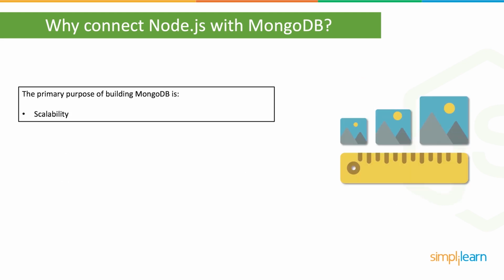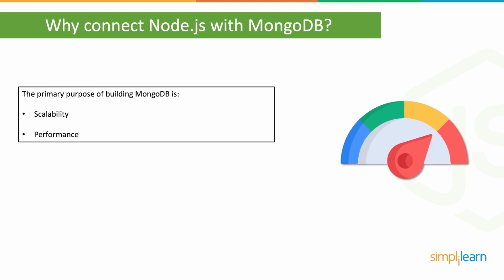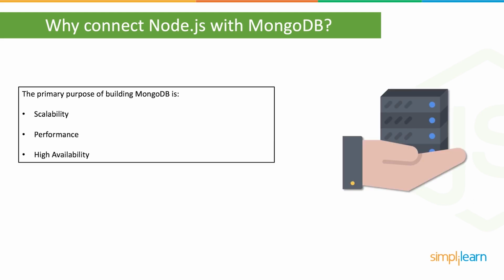MongoDB, probably the most important feature is scalability. The performance of the database is phenomenal, and it is extremely highly available for the solutions that you'll be creating. So when you push your solution out to the cloud, you can almost guarantee it's always going to be running.